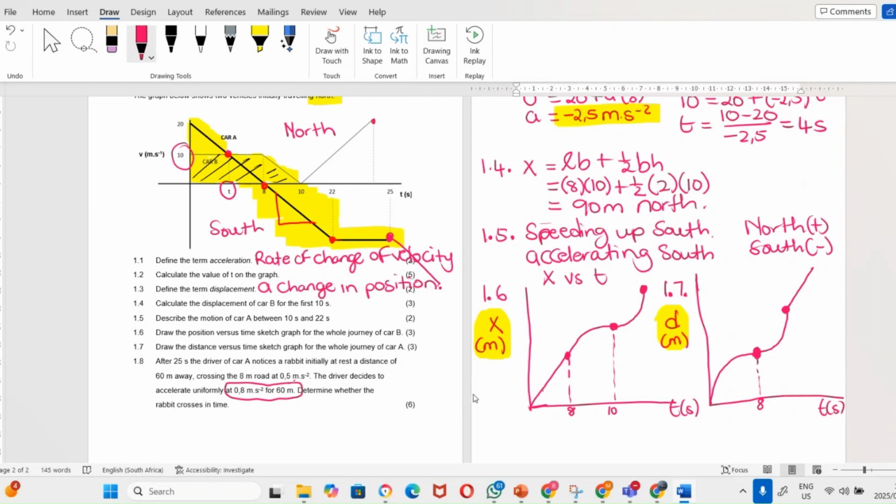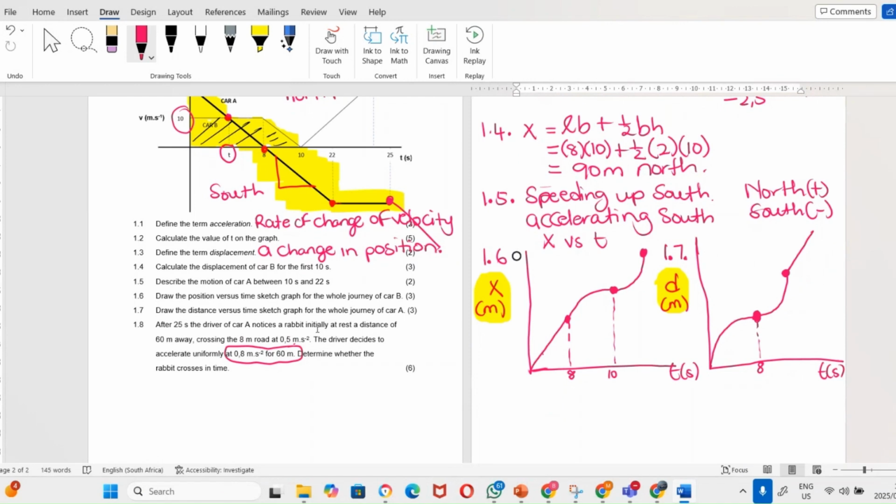Okay, so to do that, remember now, if we want to find the velocity at 22 seconds, we do have the initial velocity and the final velocity for that segment. So we are looking at this point here, that is VI, and this point here, that is VF.